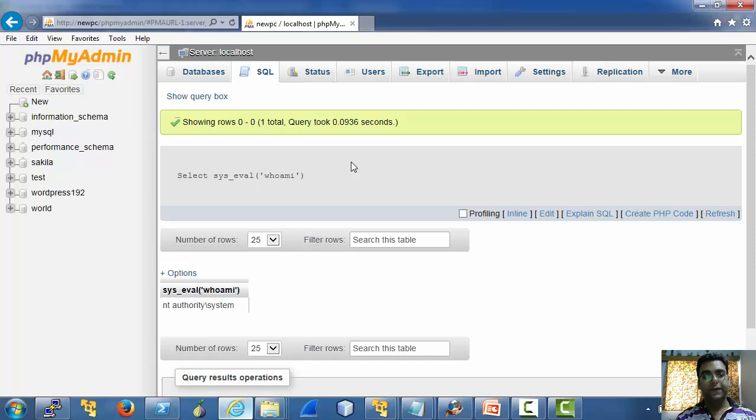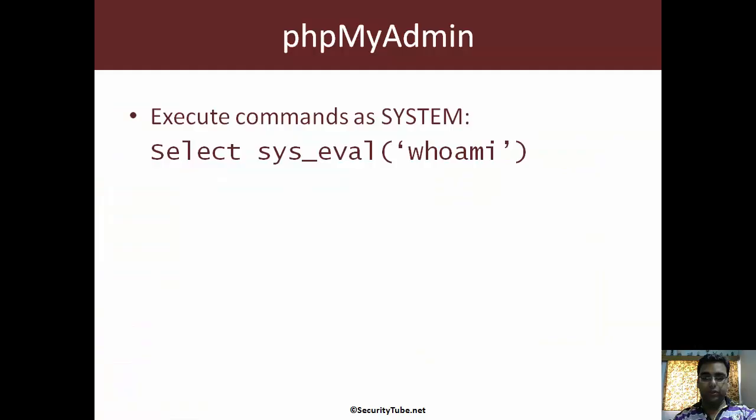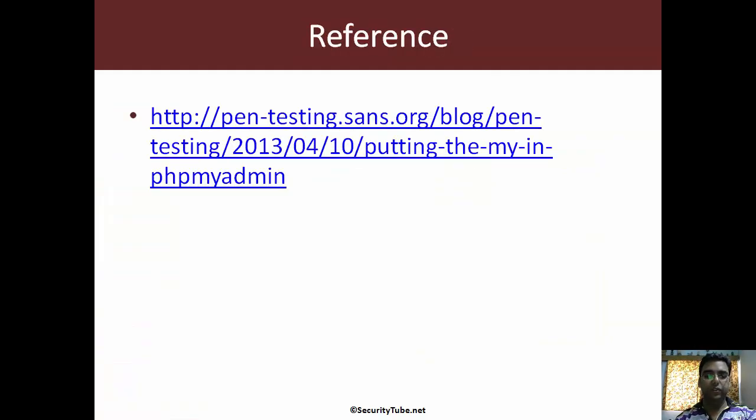So as you can see, PowerShell comes handy at many unexpected places during a penetration test. So I believe that is all for this video. The reference again is this awesome blog post by the guys at Sense Pen Testing.